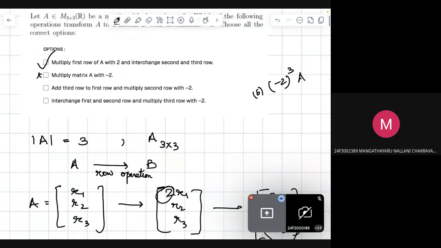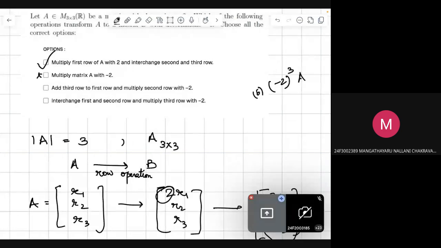Now, add the third row to the first row. So when we add two rows, the linear combination, we are going to cover questions that will cover almost all the weeks. We are not going to go over the theory because I believe that you must have gone through the theory on your own.